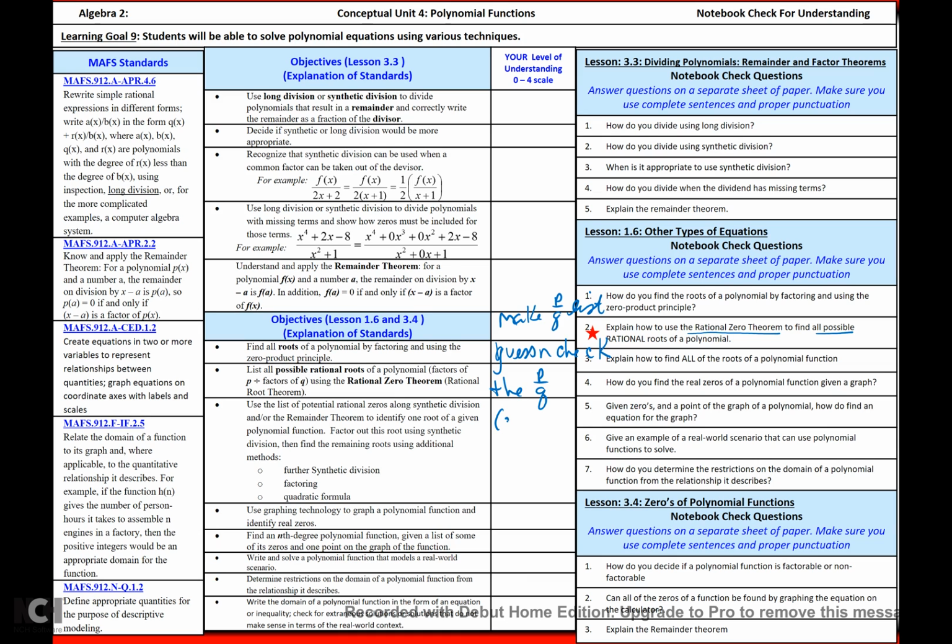We cheat. We kind of look at our graph. Alright, then you divide until your polynomial is second degree. And then you either factor or do quadratic formula to find the remaining zeros.